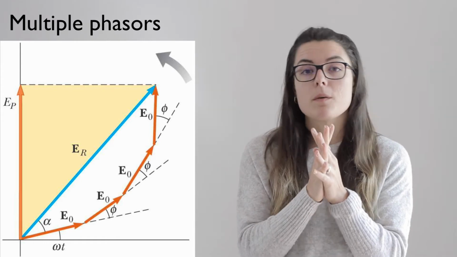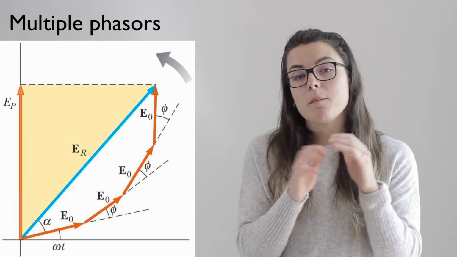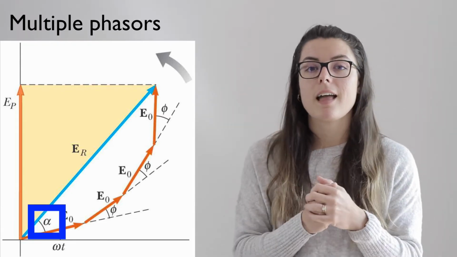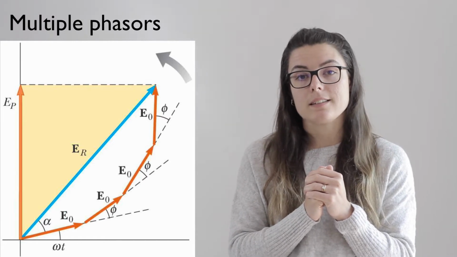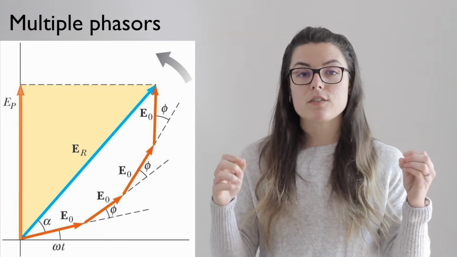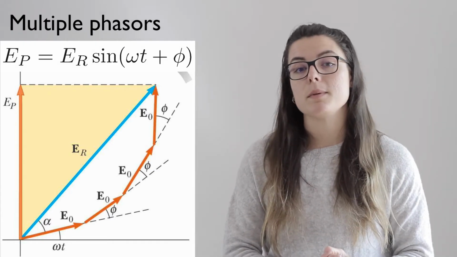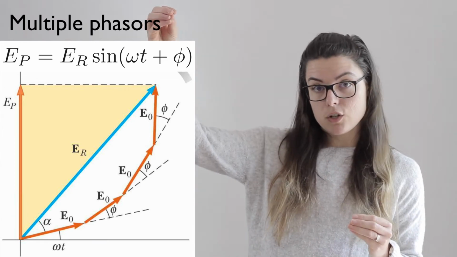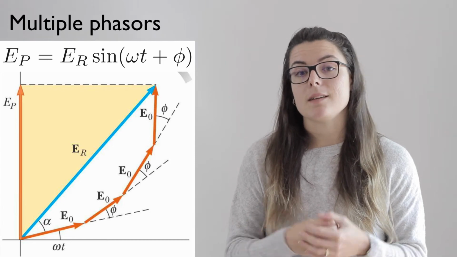The phase angle, remember from when we added two phases together, is between the resultant vector and the first initial vector that we're adding together. And the resultant expression of the projection onto the vertical axis is going to be given to us by E_R, which is the magnitude of our resultant vector, sine omega t plus phi.